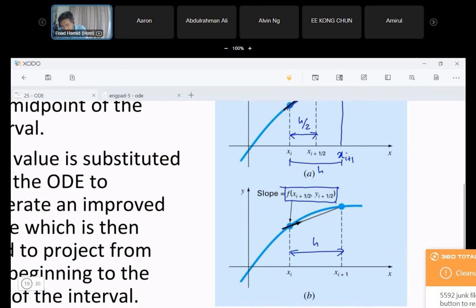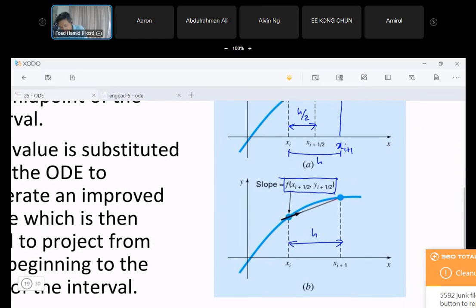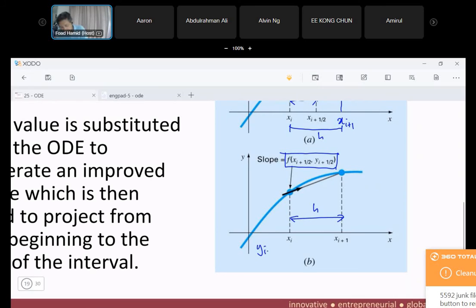So basically in this case, we can see that y i plus 1 equals y i plus f of x i plus half, y i plus half, times h. Note that this is the slope at the midpoint.